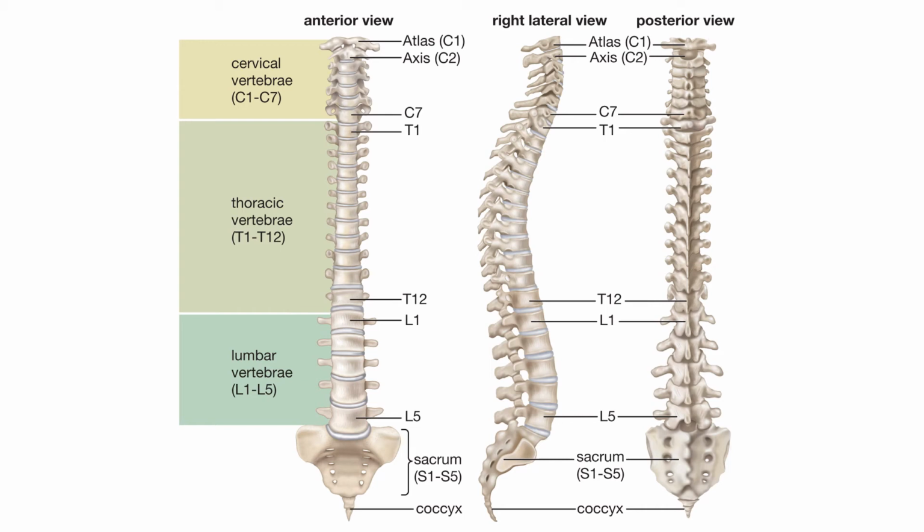Okay, and so I had a student tell me that, well, he has breakfast at 7, he has lunch at 12, and he has dinner at 5. And that's how he remembered how many vertebrae are in each group. Okay, so there are 7 cervical, 12 thoracic, and 5 lumbar. And so if we ask you to name this one on the exam, then you could just count and figure out which one it is.